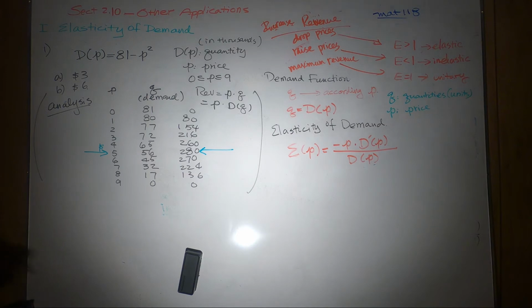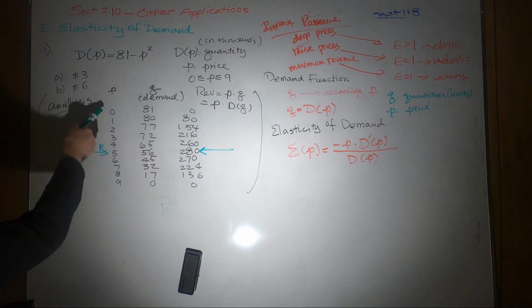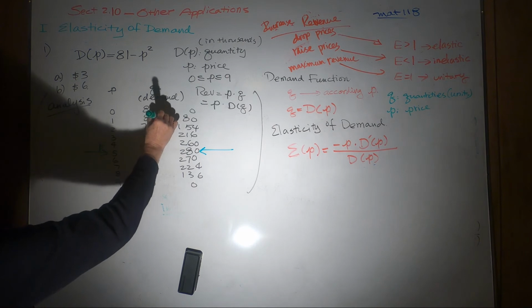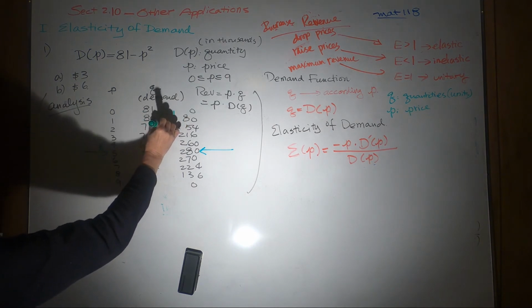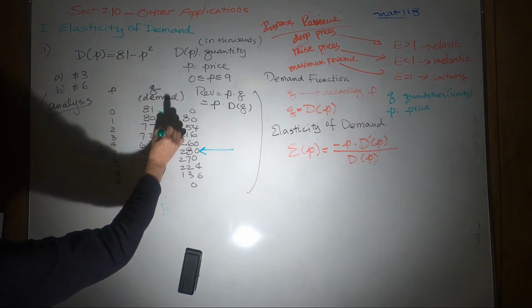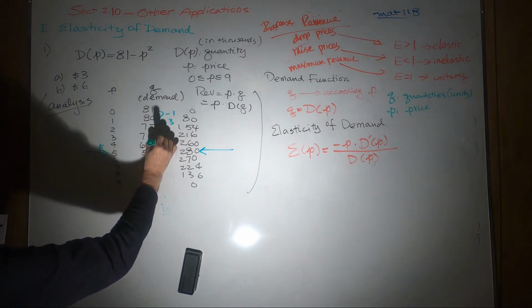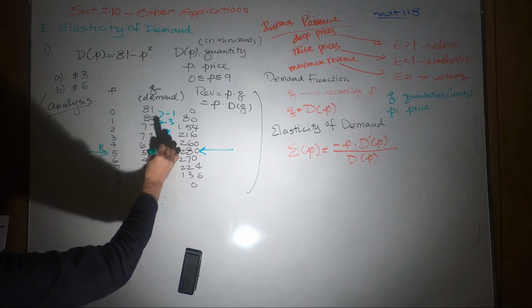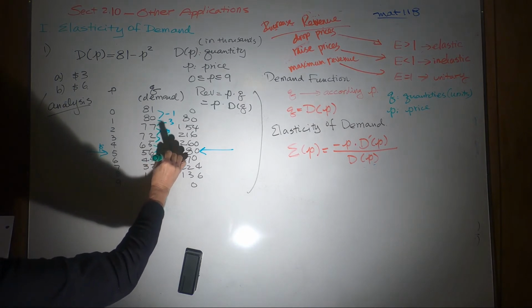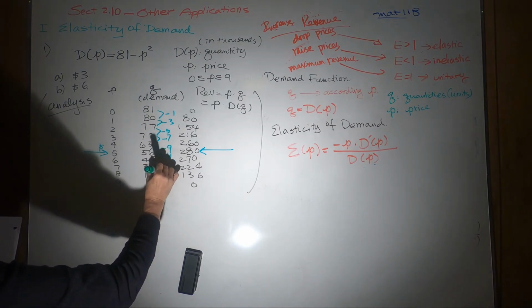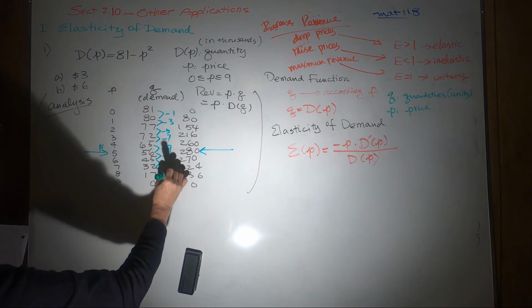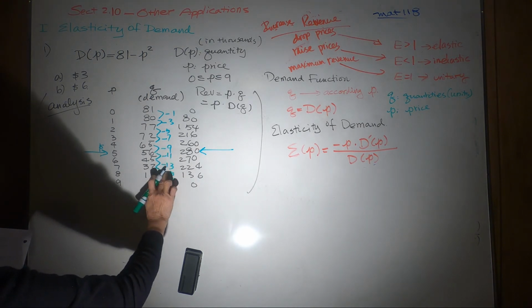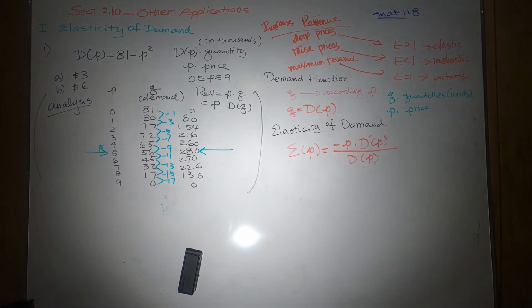So then the numbers you put in, you go minus 1, minus 3, minus 5, minus 11. Did you see the pattern? The quantity drops as price goes up, right? The demand dropped.